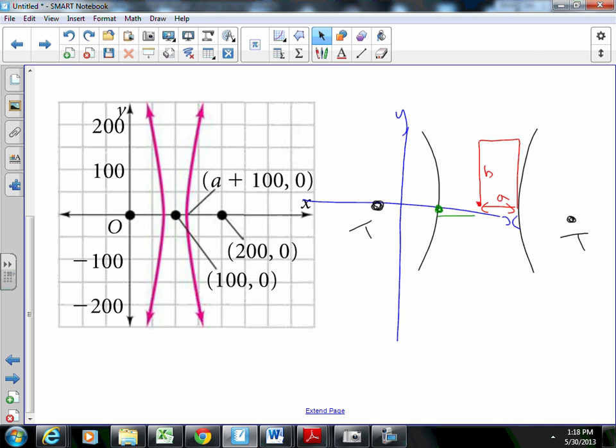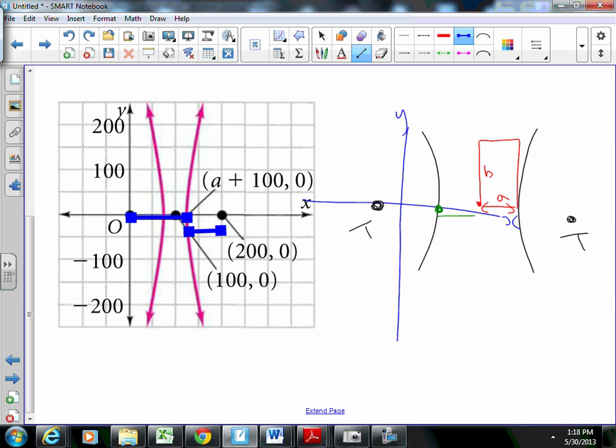Now, the way the example does it in the book is it talks about finding this distance, let me use some straight lines here. This distance subtracted from this distance.